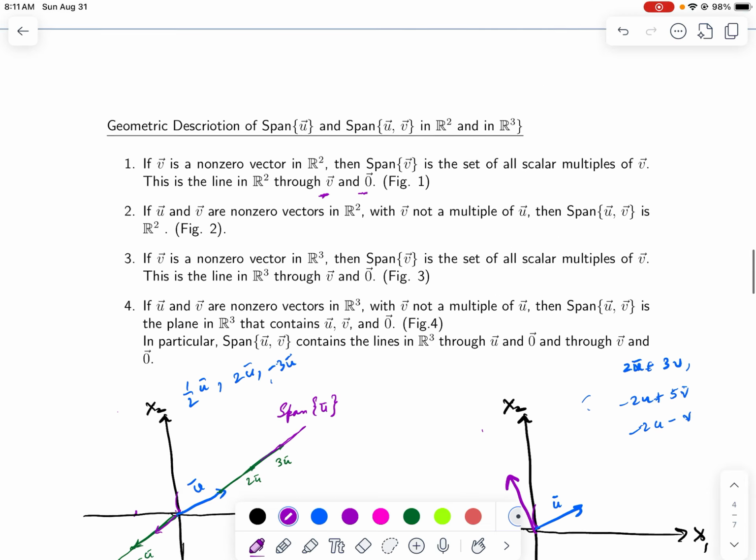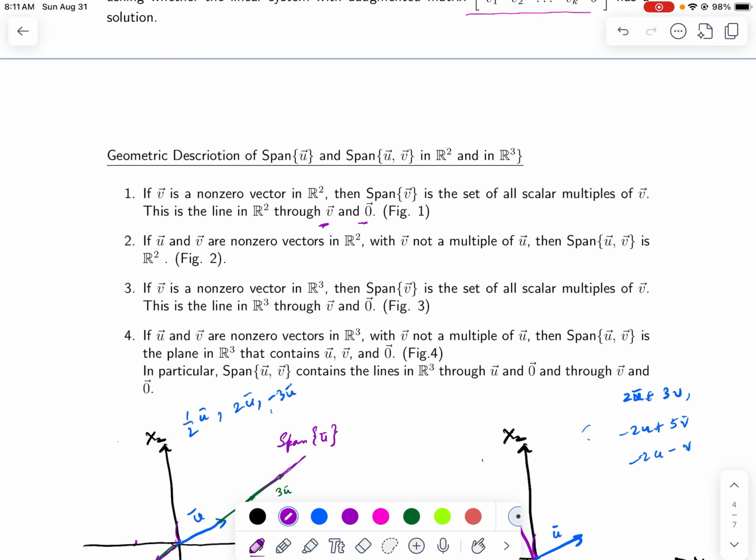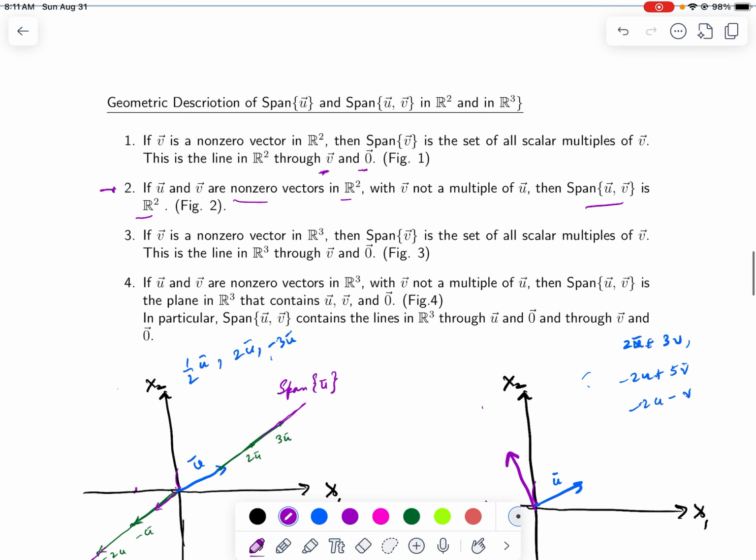Okay. Over here, if we have two vectors u and v, and they are both non-zero vectors in R2, with v not a multiple of u, so u and v are not multiples of each other, then the span of u and v is R2. So the span of u and v is the whole plane R2.